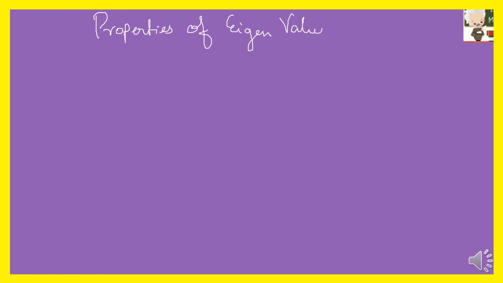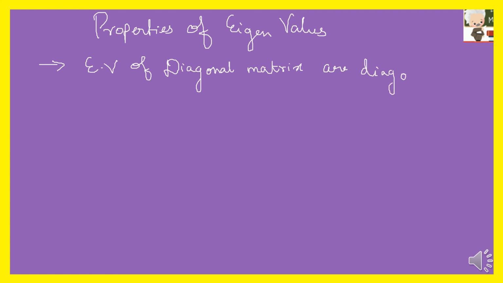Eigenvalues of a diagonal matrix, I will write as EV. Eigenvalues of a diagonal matrix are your diagonal elements. So this is one property.